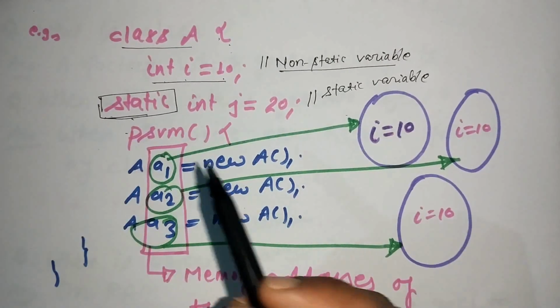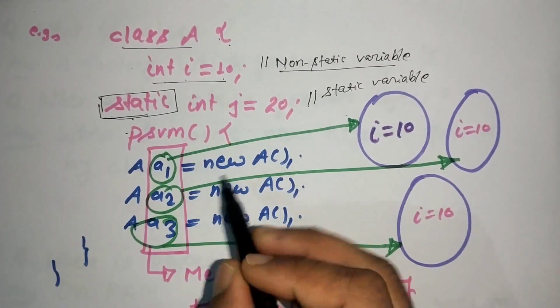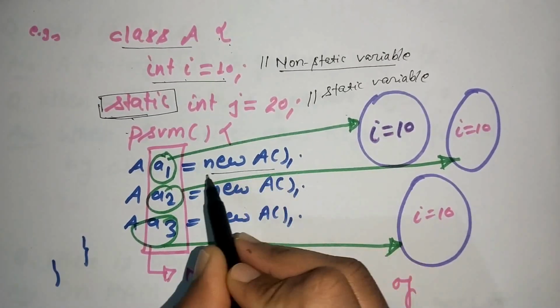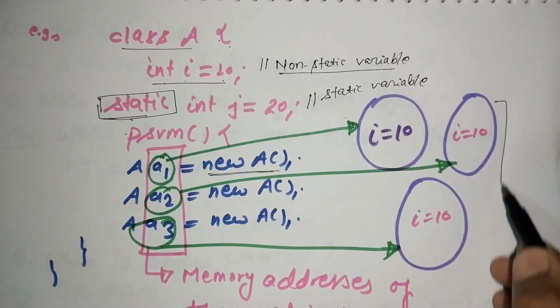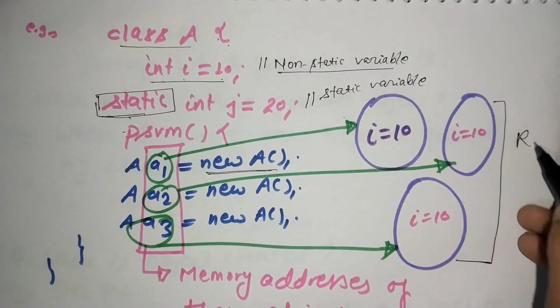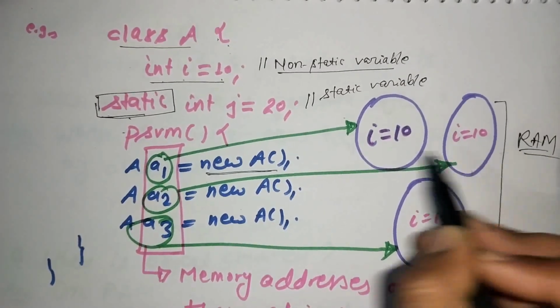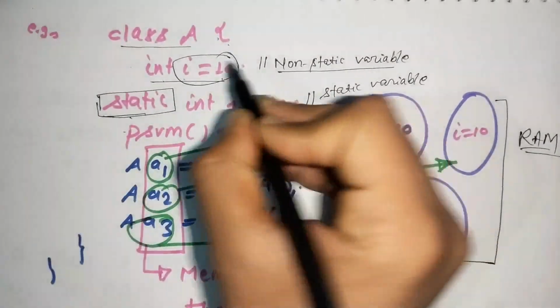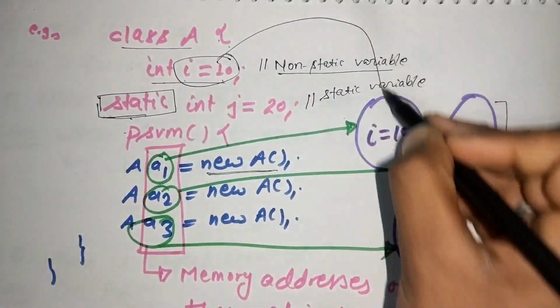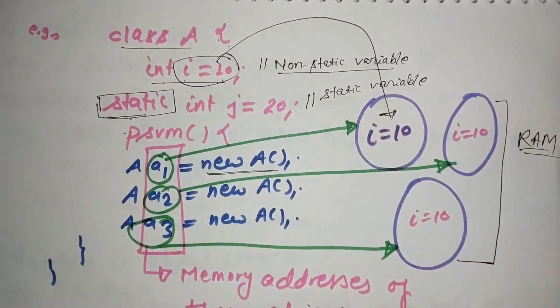And what is the rule? Whenever an object is created on RAM, only non-static members go to the object.